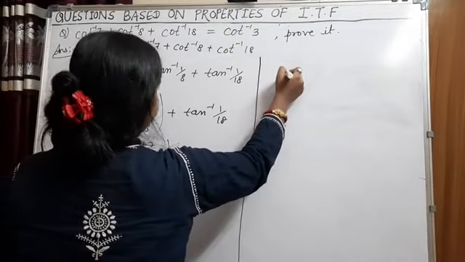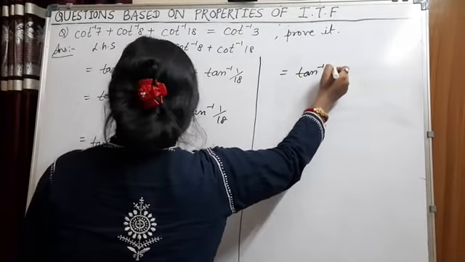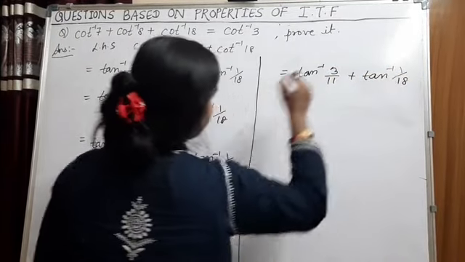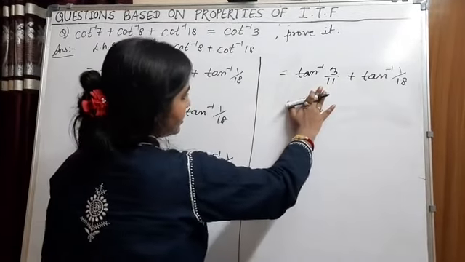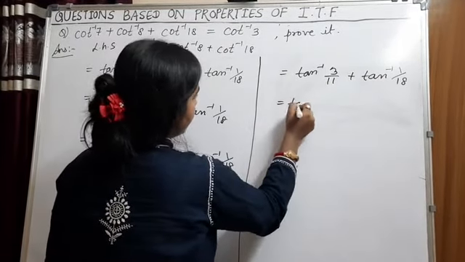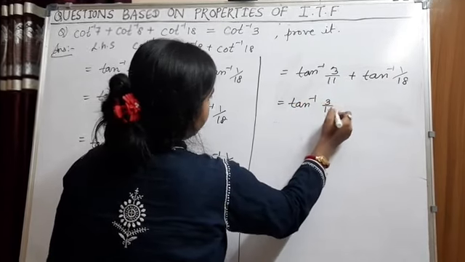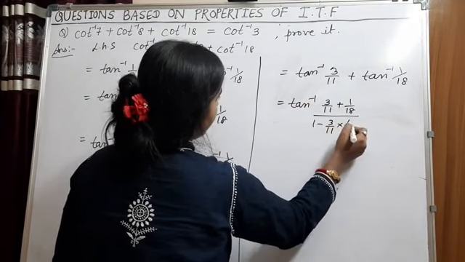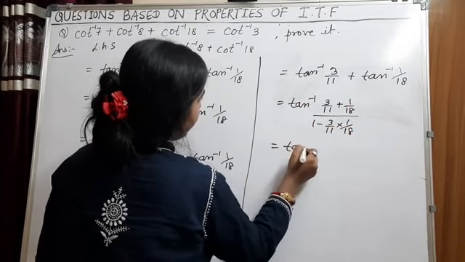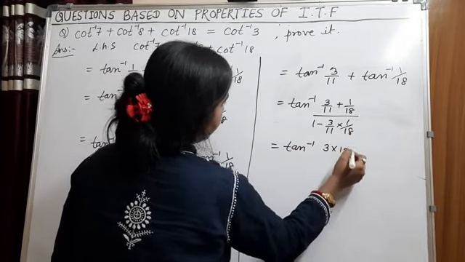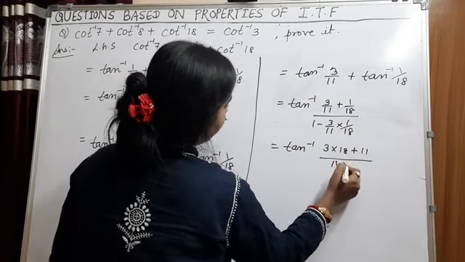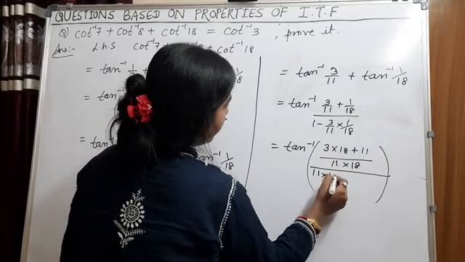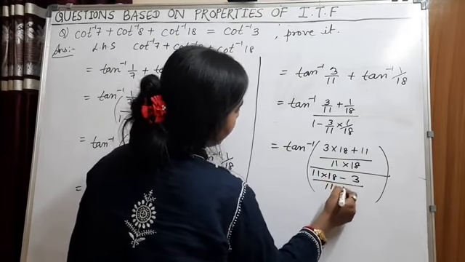Again we will use that property, tan inverse x plus tan inverse y. So it is tan inverse of 3 by 11 plus 1 by 18, by 1 minus 3 by 11 into 1 by 18. So it is tan inverse of 3 into 18 plus 11 by 11 into 18, divided by 11 into 18 minus 3 by 11 into 18.